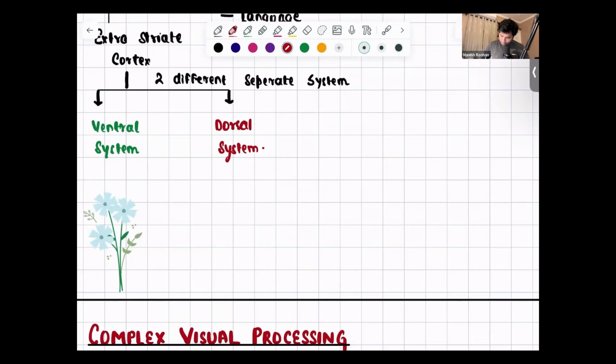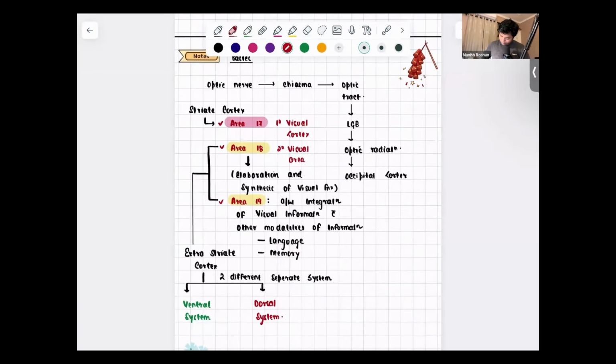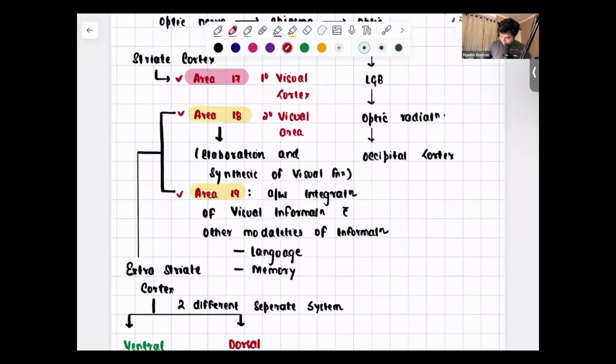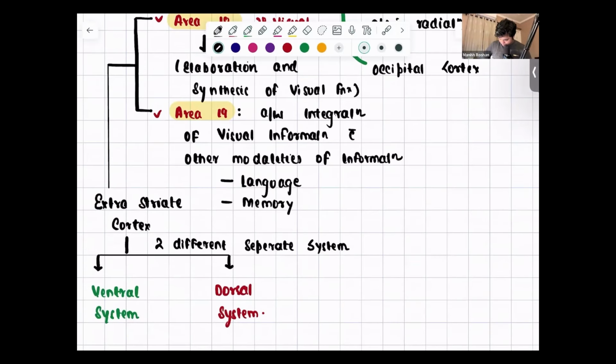Till here you have to know like this. This occipital cortex has been elaborated in this manner: one is the striate cortex and one is the extrastriate cortex. Done? Now, just one more thing.